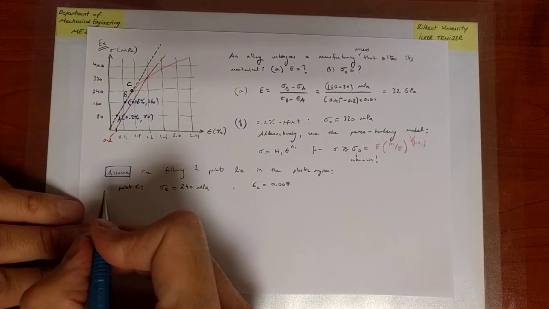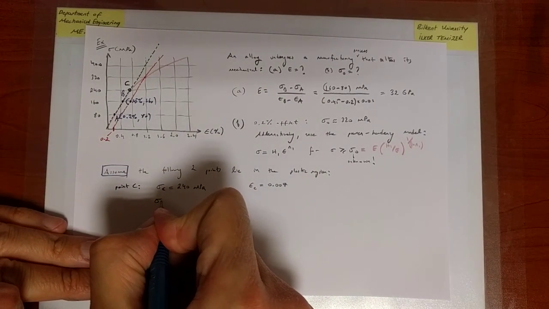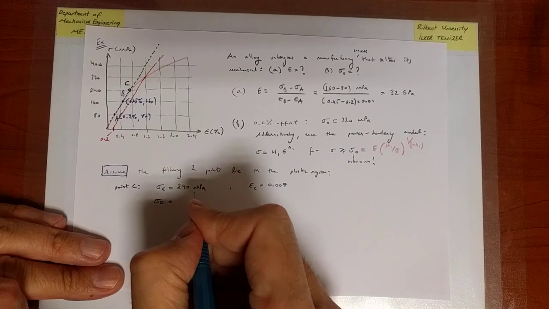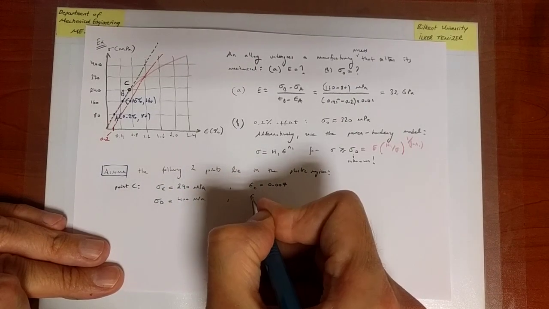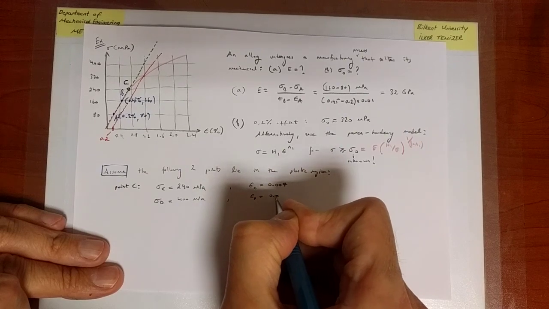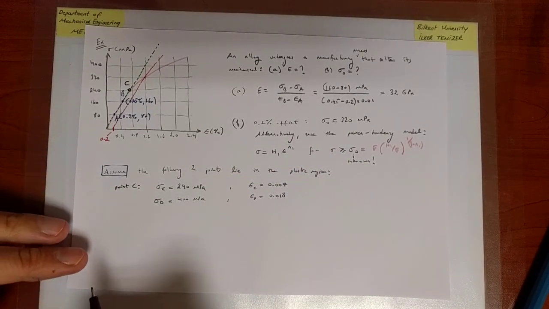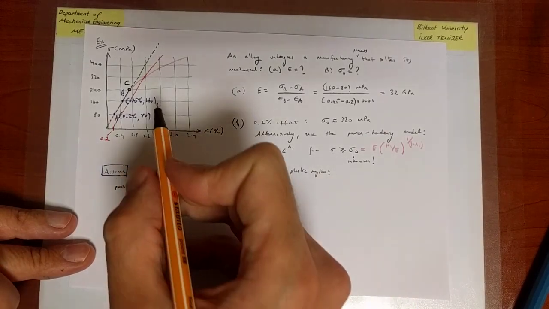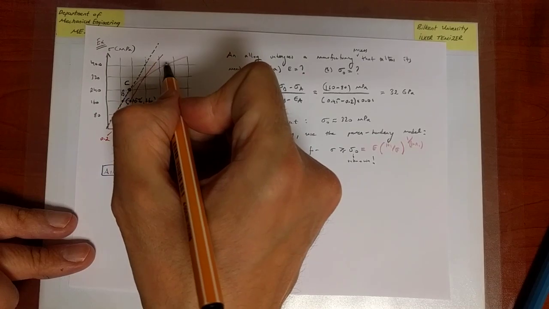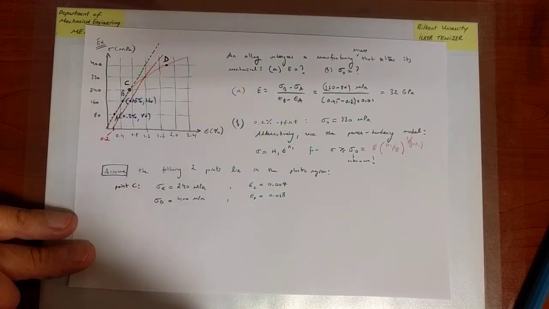Then I pick another point, point D, which has a stress of 400 MPa and a strain of 0.018, so that's 1.8% strain, about there. That's point D.